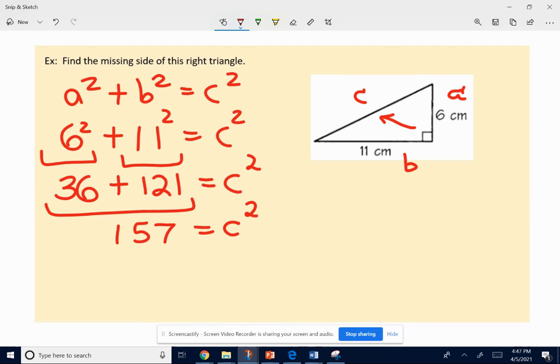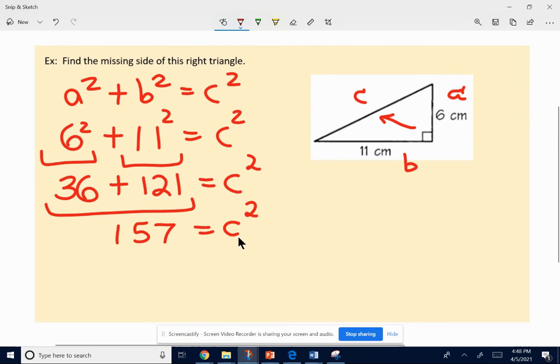So I just put all the numbers in, I took care of my exponents, I added, and now I have 157 is equal to C squared. Now I need to find C. My final objective is to find out what C is. To undo squaring, you would do the inverse of squaring.